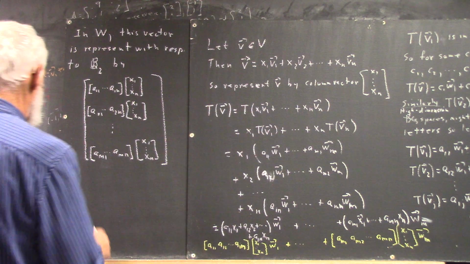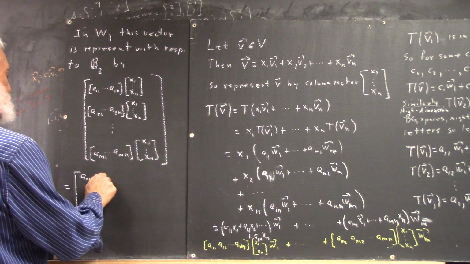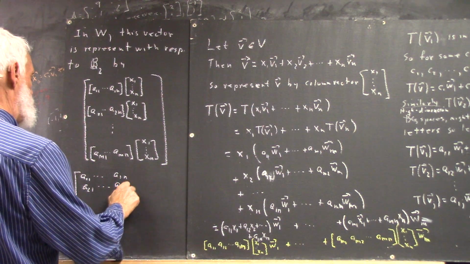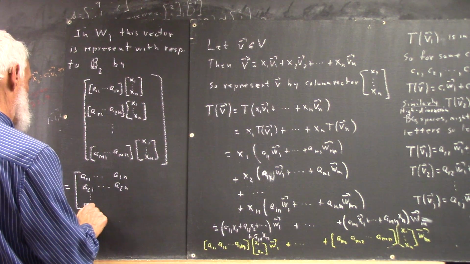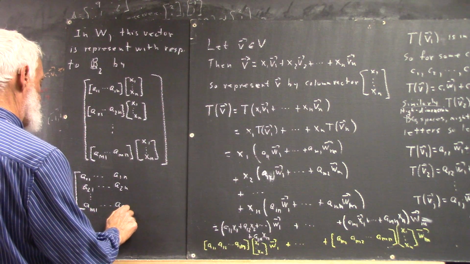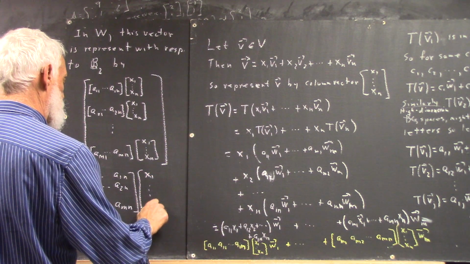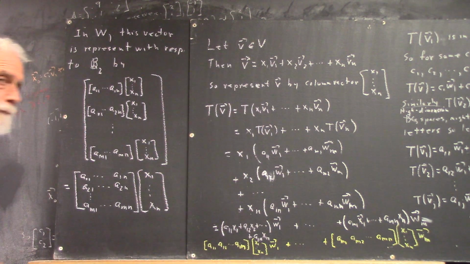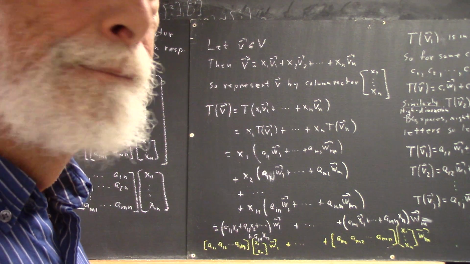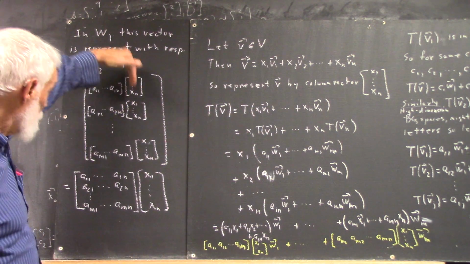Well, that equals this, doesn't it? First row times first column gives us first row times first column, right?